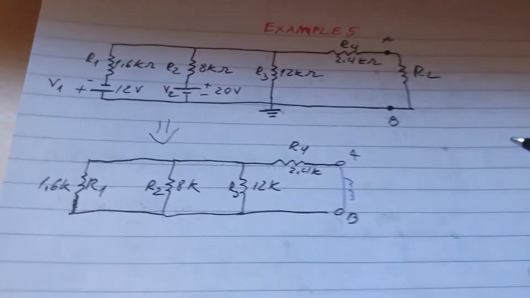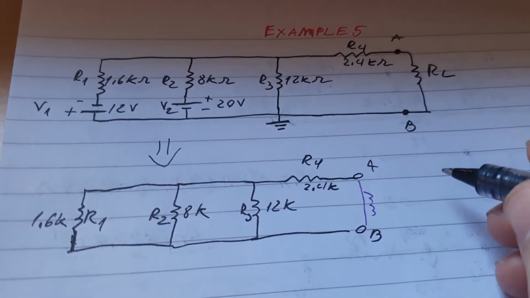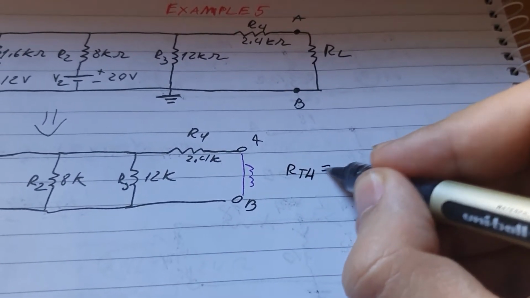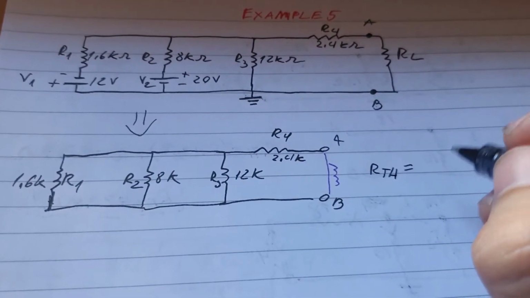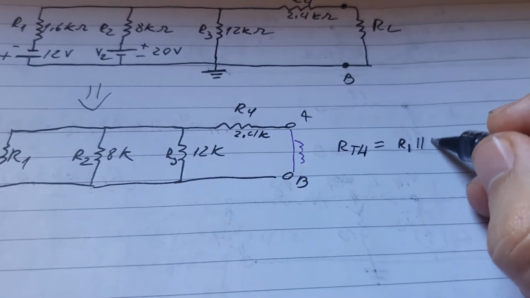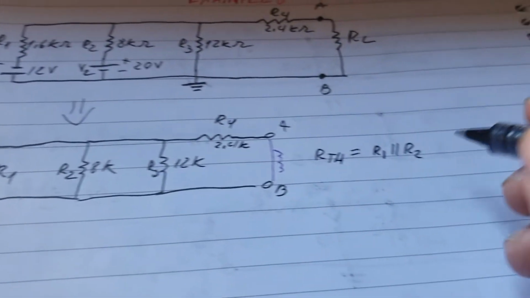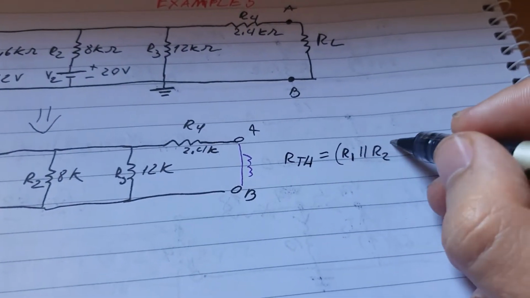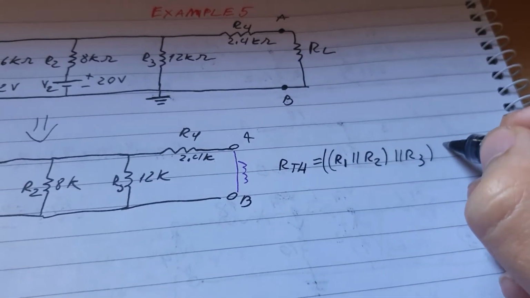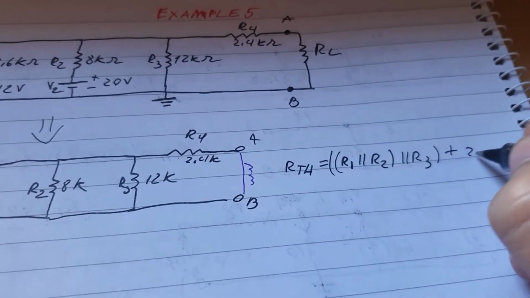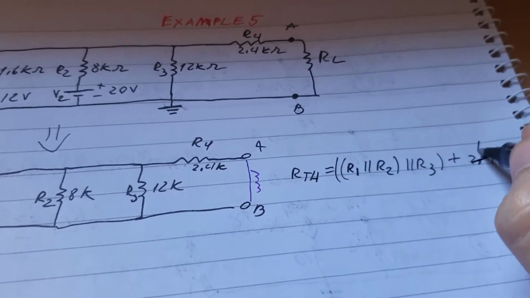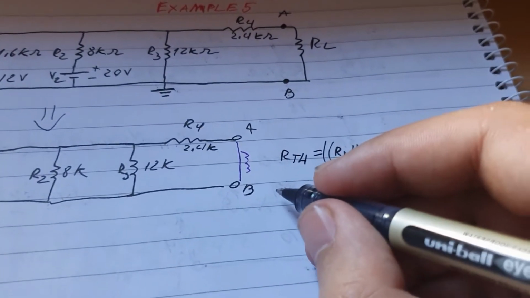So now let's go for the next one. Let's calculate the RTH. RTH, which is this one here, is equal to R1 in parallel with R2, these two, and these two in parallel with R3, and all of it will be added together with R4, which is 2.4. Alright, now we can rewrite it.